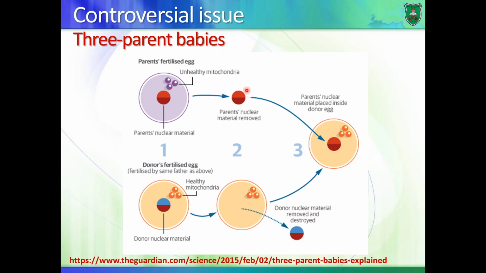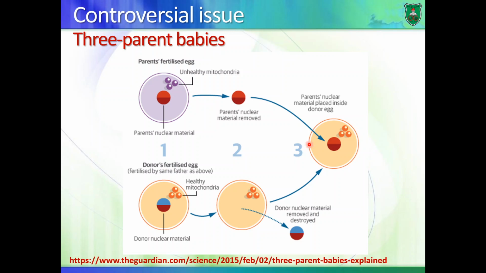And we would place the nucleus that contains the genome of the mother who wants to have a baby into the donor's egg. Then we would fertilize this egg with the father's sperm, the husband of this female.